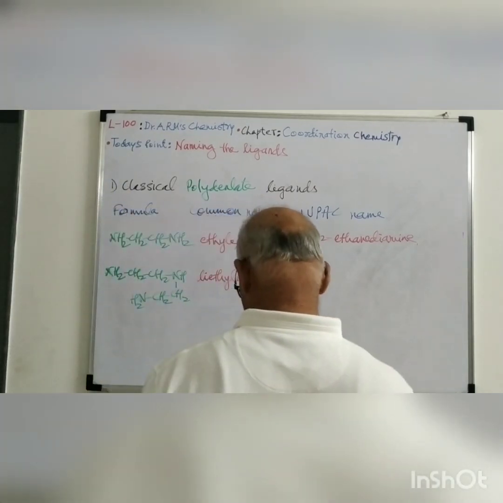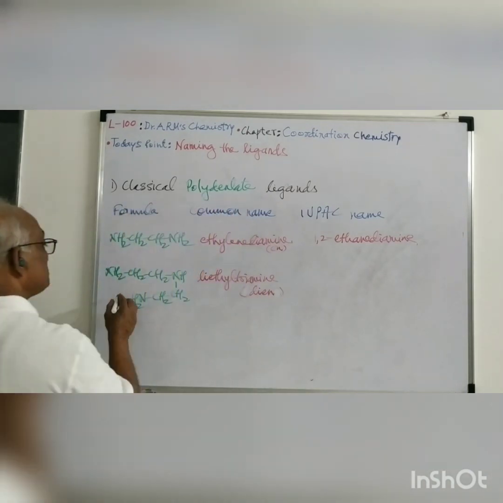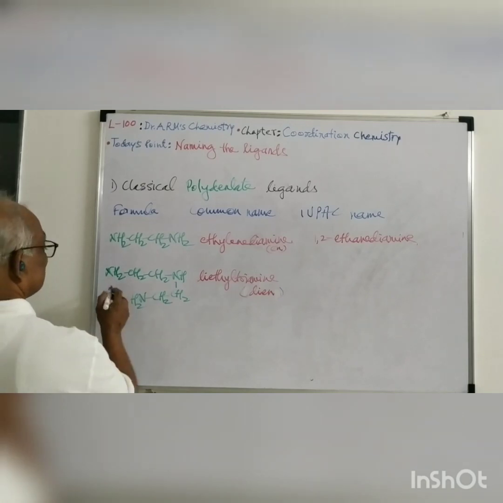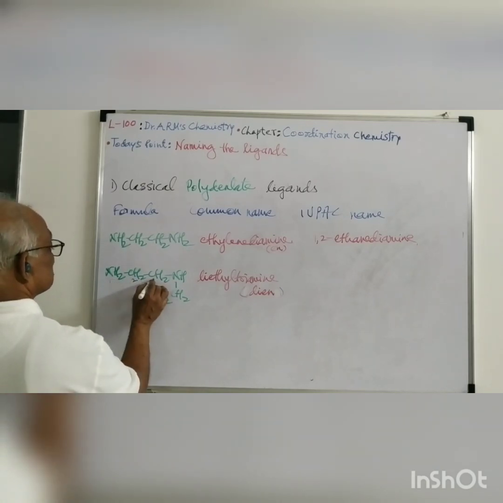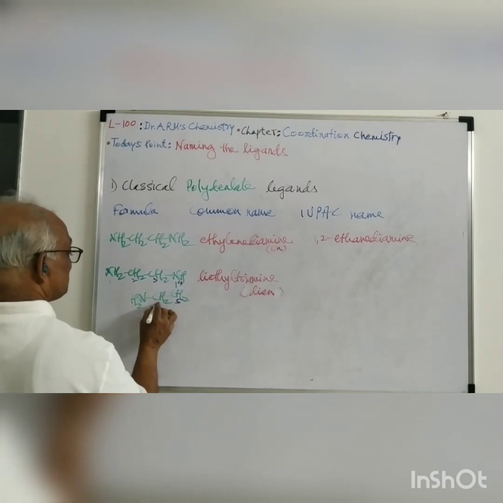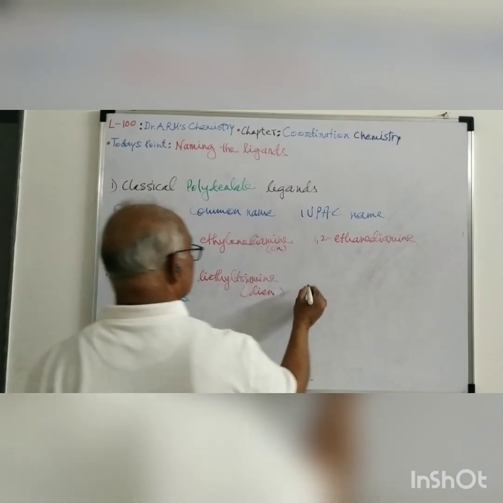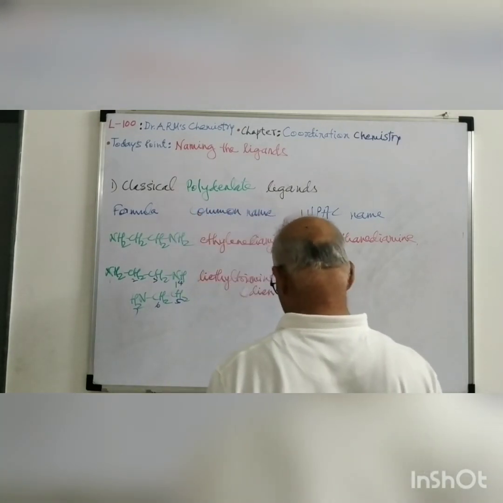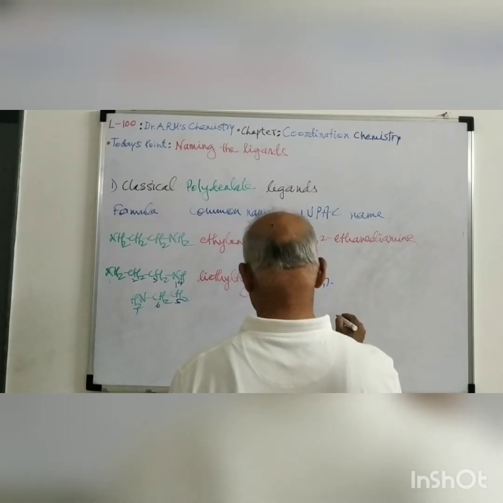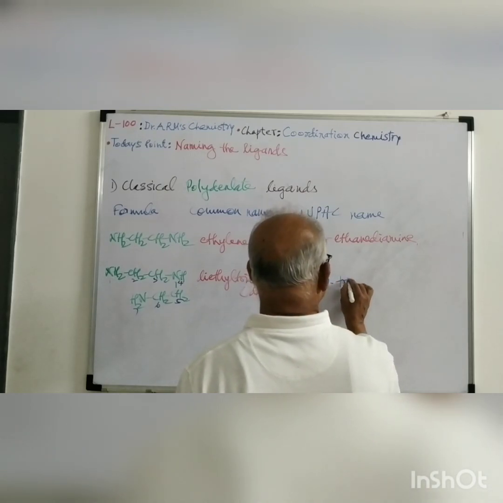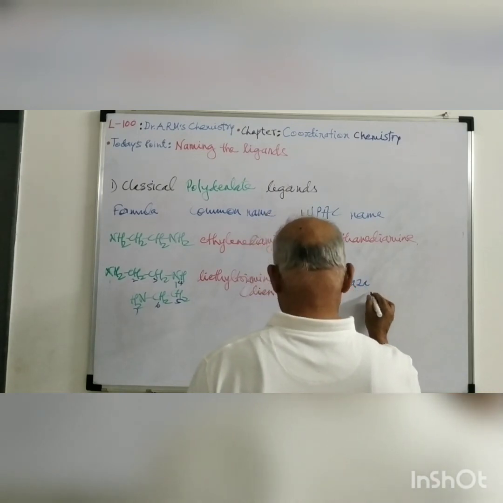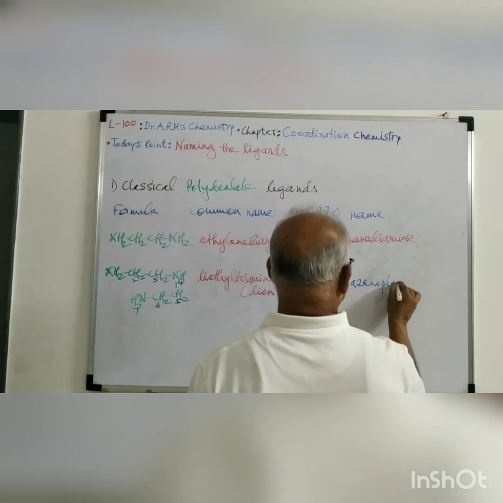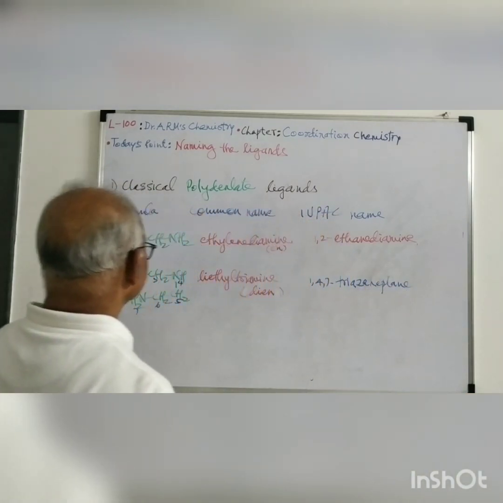The name is, so if we start from this, 1, 2, 3, 4, 5, 6, 7. So it gives 1,4,7-triazaheptane.